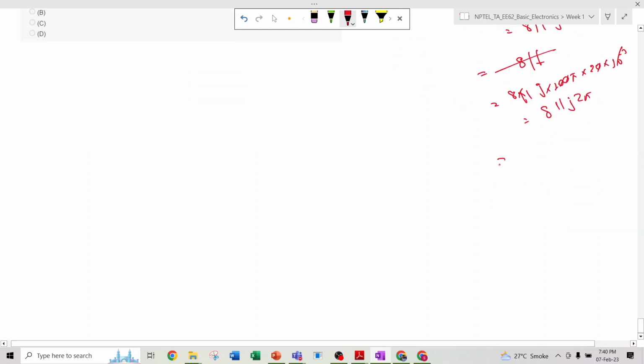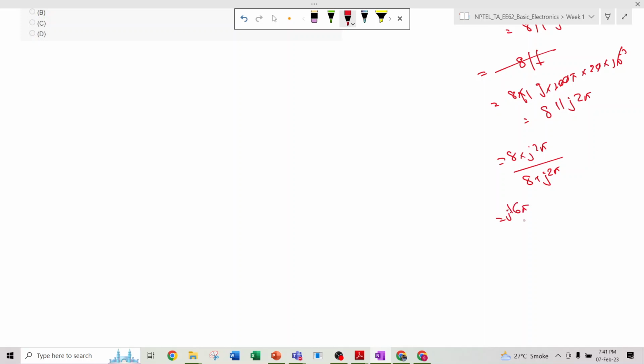That means 8 into j 2 pi divided by 8 plus j 2 pi, so 16 j pi over 8 plus j 2 pi.